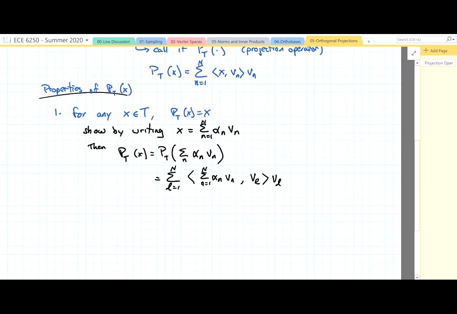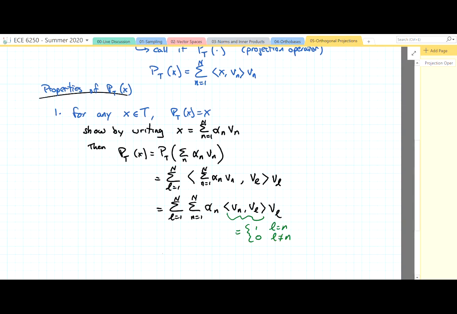And using the laws of inner products, we can essentially take this sum out. It's on the left hand side, so we don't even have to worry about conjugates if there are any. And we get the inner product of Vn with VL times VL. And we know that this is equal to 1 for L equals N because it's an orthonormal basis, and 0 for L not equal to N.